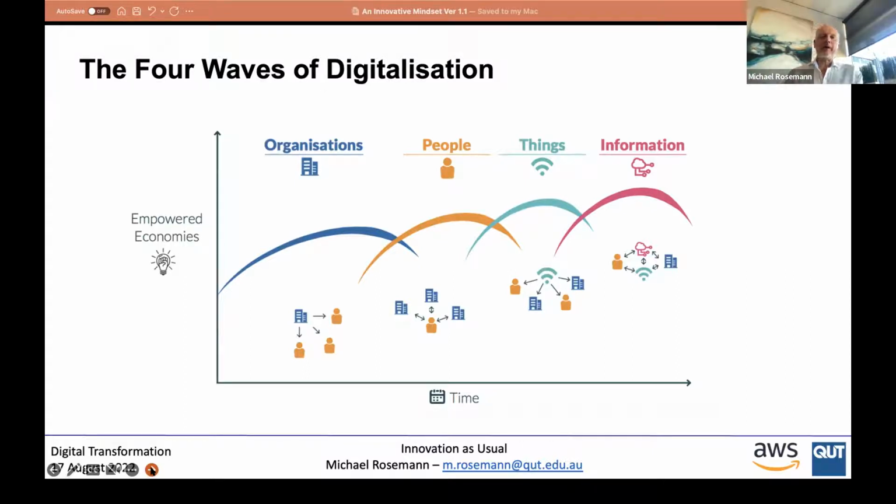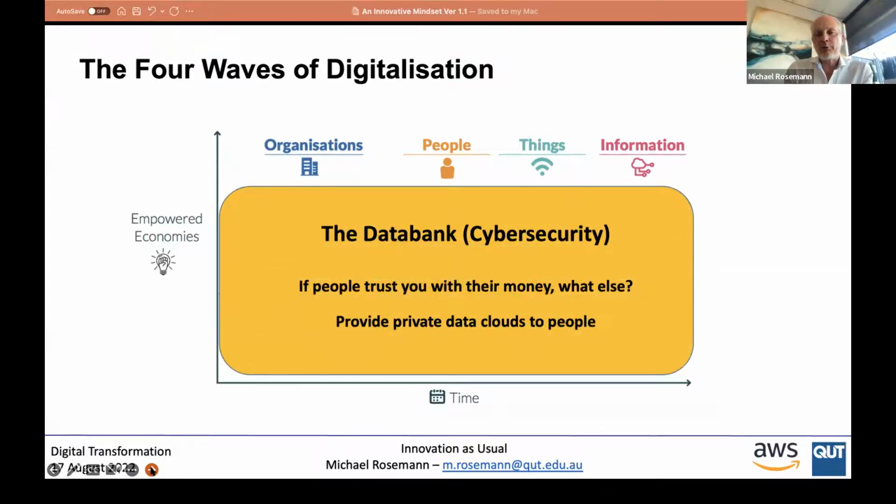In a project with a bank, but you can replicate this in your own environment, we crafted the following. If I jump to the economy of people and ask ourselves, how do we empower people? We said, if our customers already give us their money, what else would they trust us with?